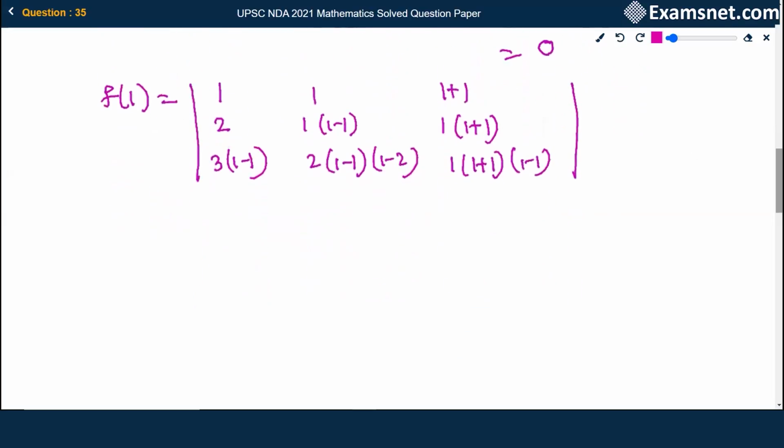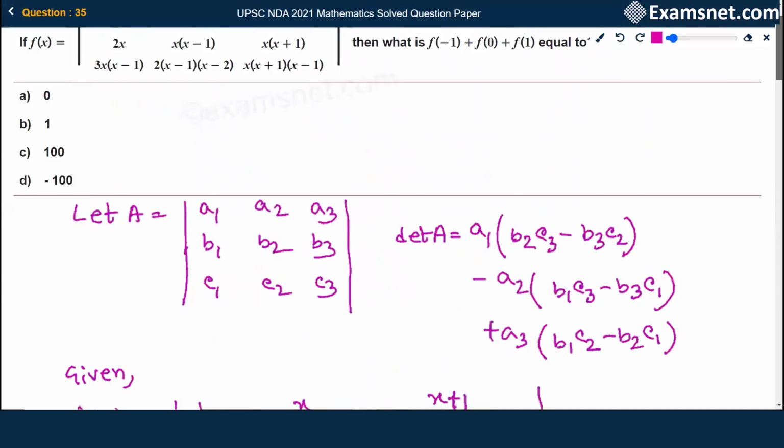So this will give us the value 1, 2, 0, 1, 0, 0, 2, 2, and 0. Now look here, all the elements in the third row are 0. That means again it will give us the value 0.